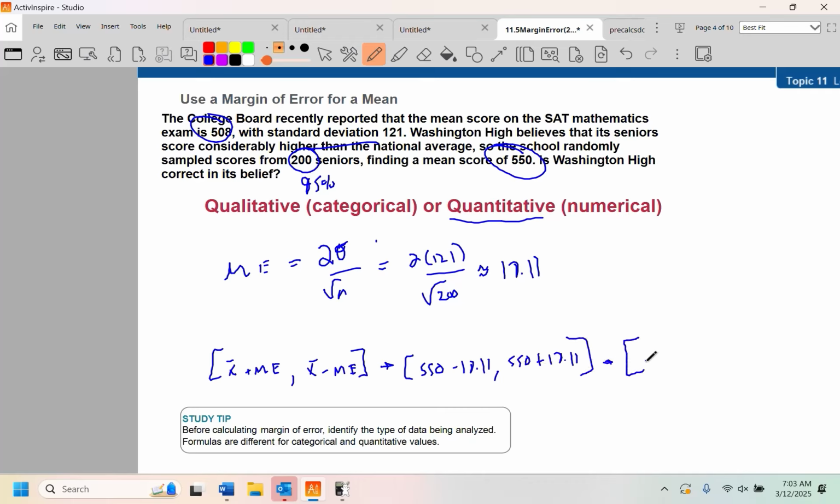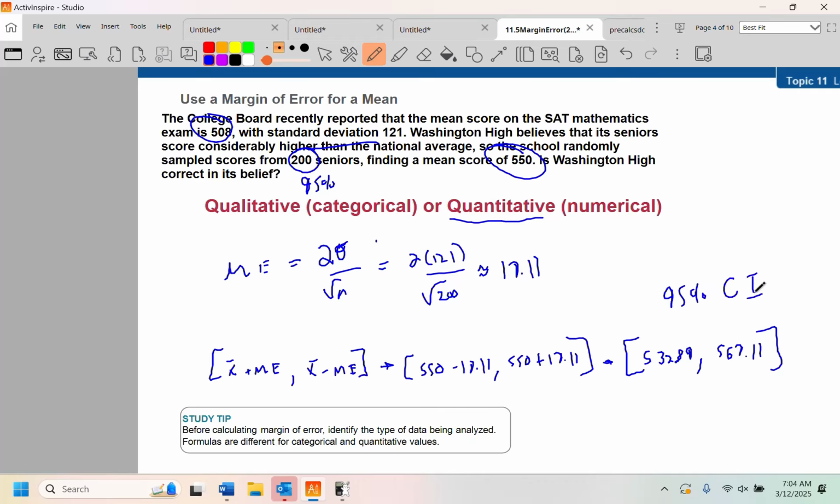And we get this confidence interval, which is 532.89 to 567.11. This is a 95% confidence interval.